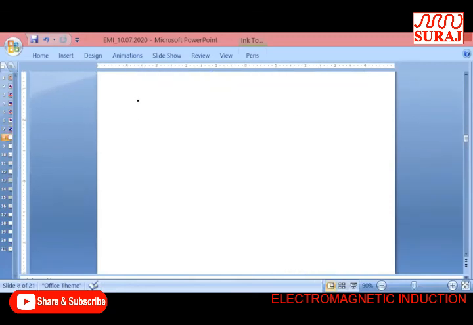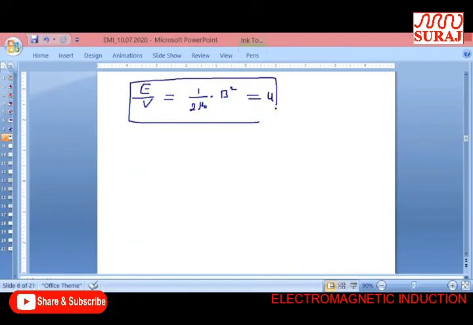We have seen a similar relation for energy density in the case of a capacitor. So here I write 1 by 2 mu naught times the magnetic field inside the inductor squared. This is the energy density, and we have always represented this term with small u.